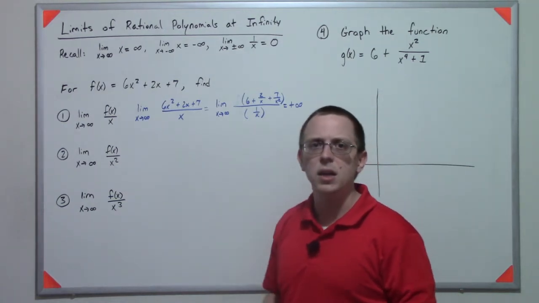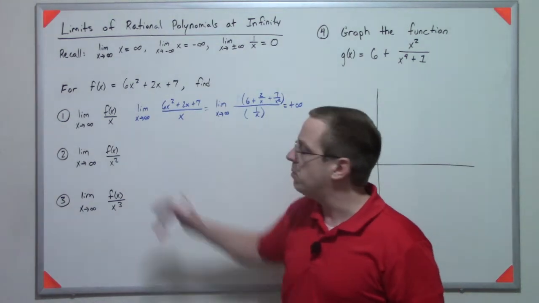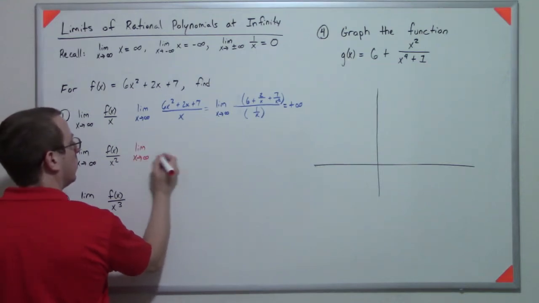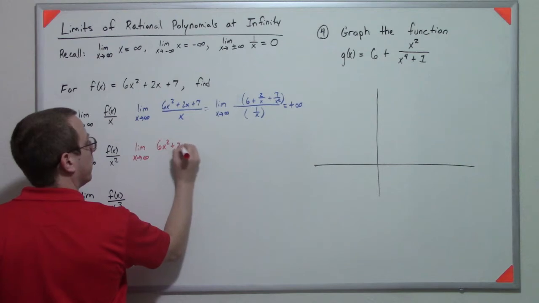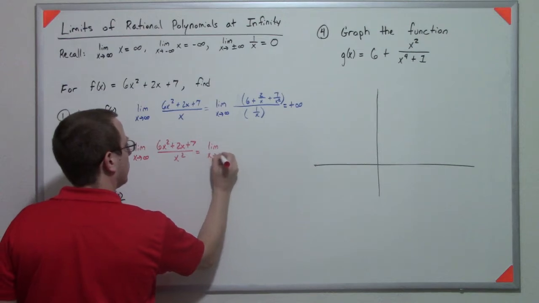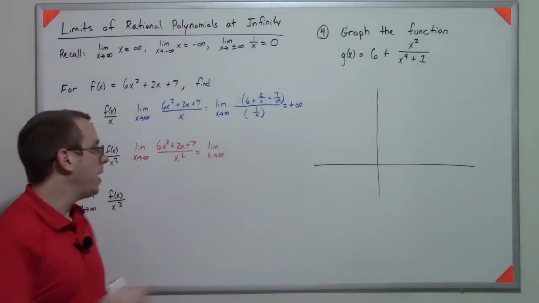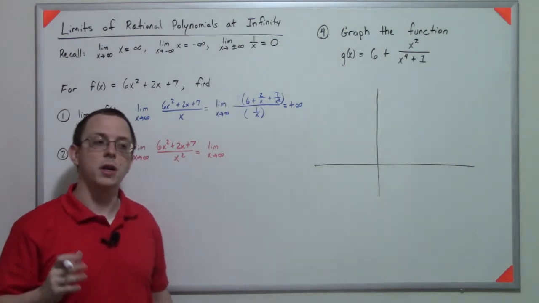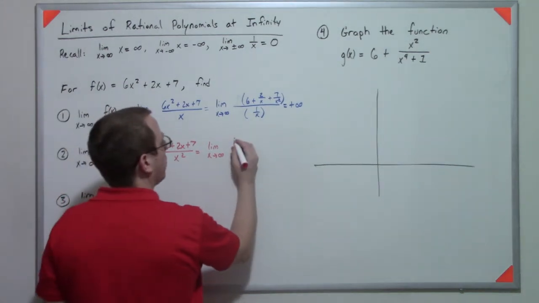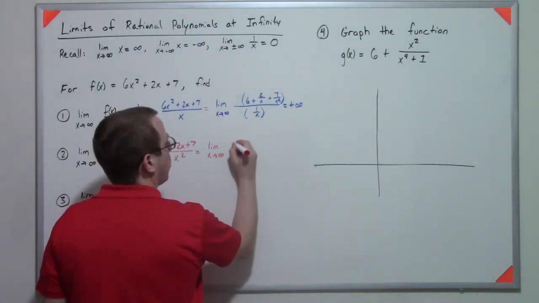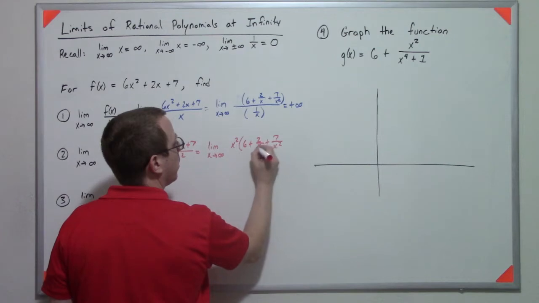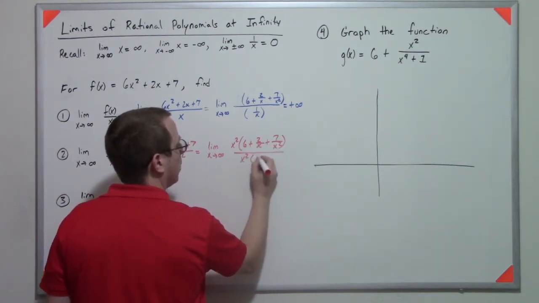So using that technique, you can do the same thing with x squared in the denominator. In this case, we're still going to factor out x squared because it's the largest degree polynomial. So x squared times 6 plus 2 over x plus 7 over x squared, all over x squared with a 1.